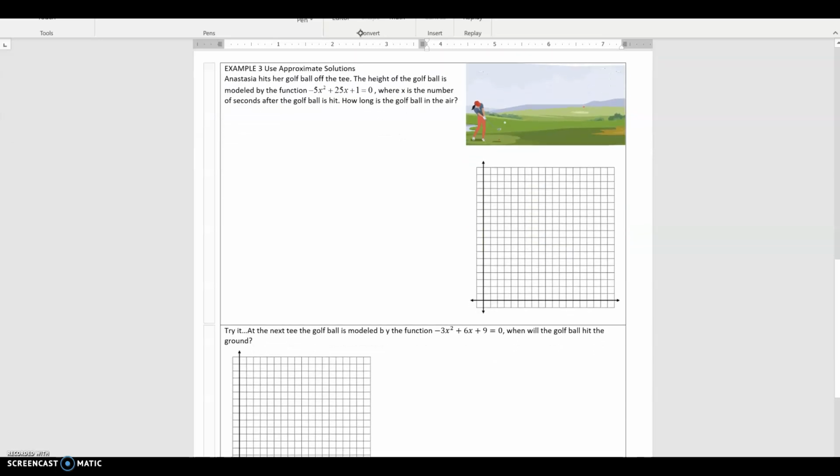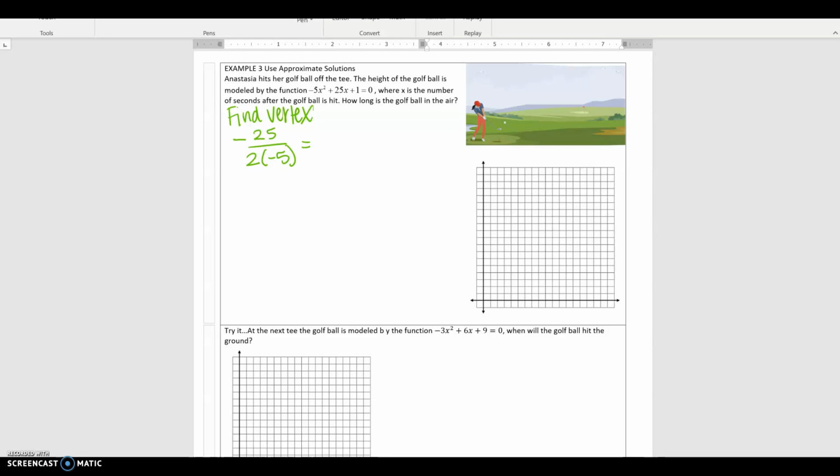So we're going to move on to the next one, which is a word problem, but same process. You're going to find the vertex. So we're going to do negative b, which is 25, over 2 times a, which is negative 5.